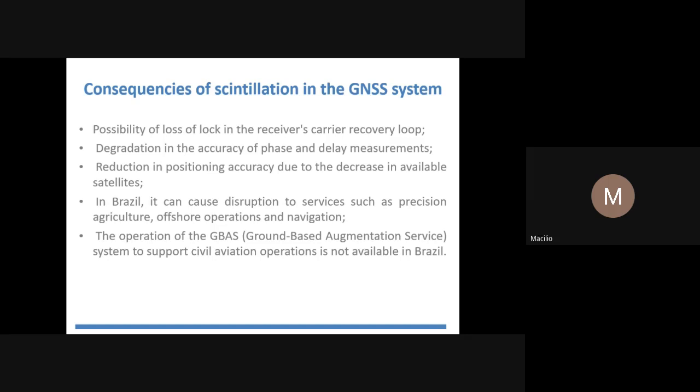Another consequence of scintillation in Brazil: the GBAS system that supports civil aviation is not available in Brazil because it's not feasible to use this kind of system. After sunset. In the middle of the day, it's more or less okay.